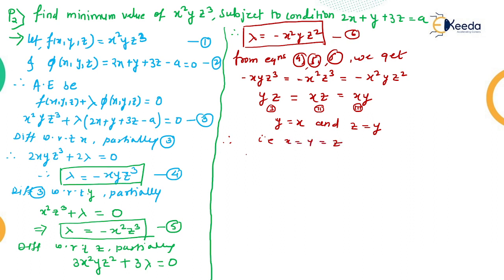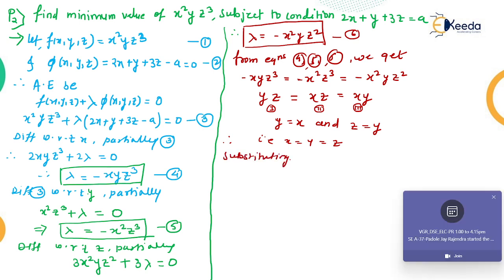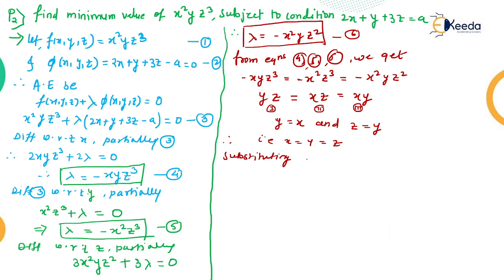Substituting in equation 2. So what is equation 2? Equation 2 is the conditional function, 2x plus y plus 3z minus a is equal to 0.